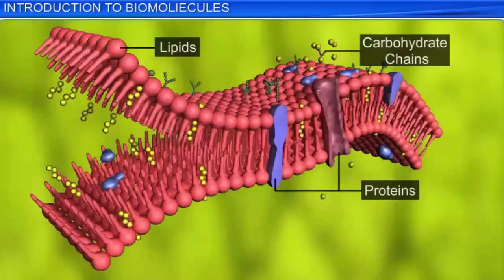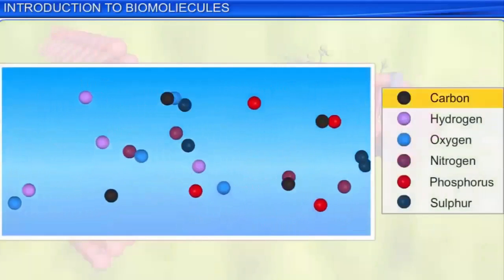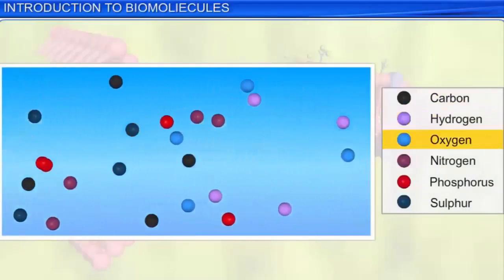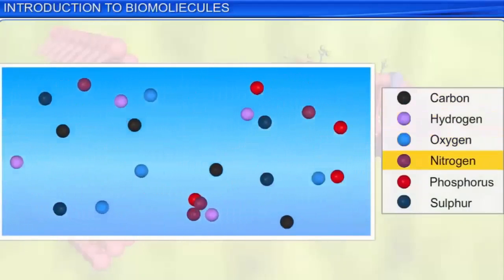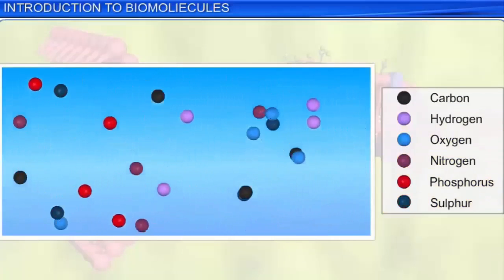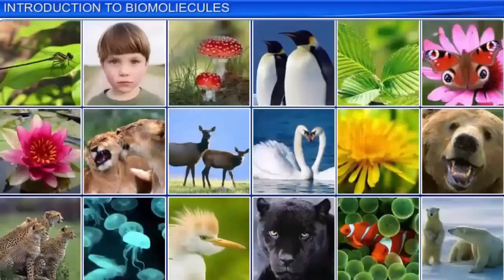The compounds in a cell mostly consist of carbon, hydrogen, oxygen, nitrogen, phosphorus, and sulfur. So, isn't it amazing that a living organism is made of non-living atoms and molecules?